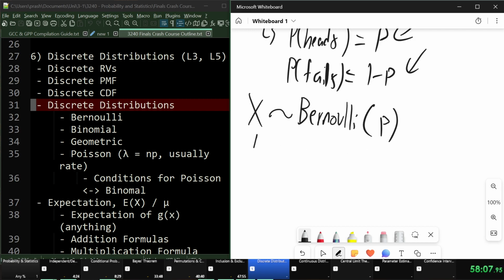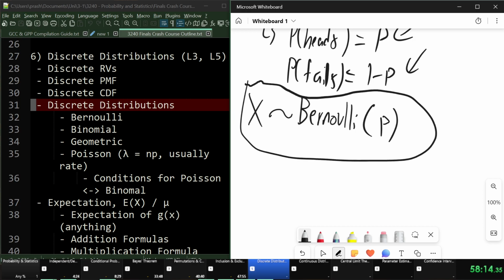Decoding this from math to English, it just means that X follows a Bernoulli distribution with probability P.